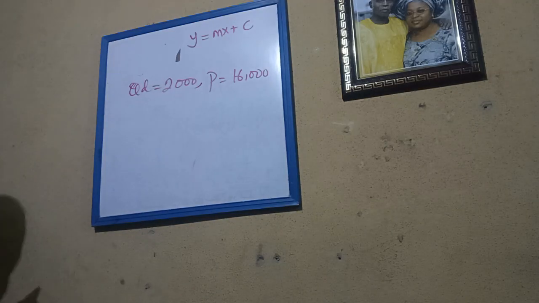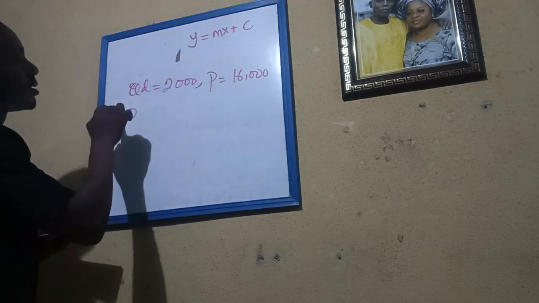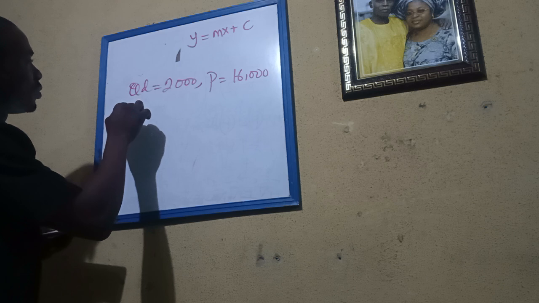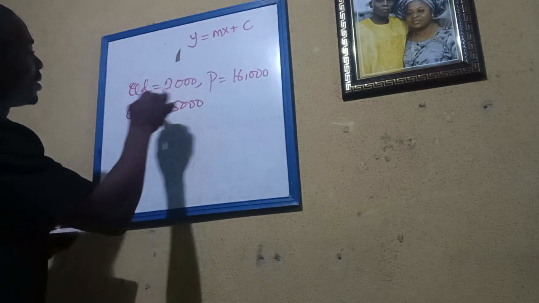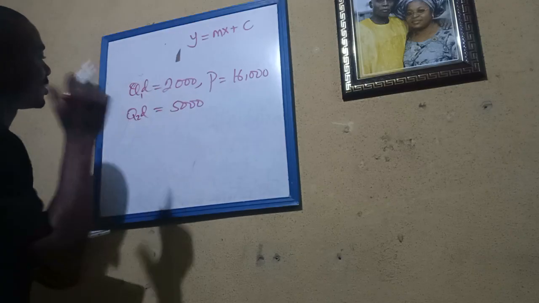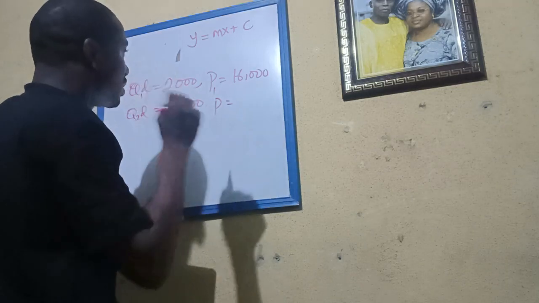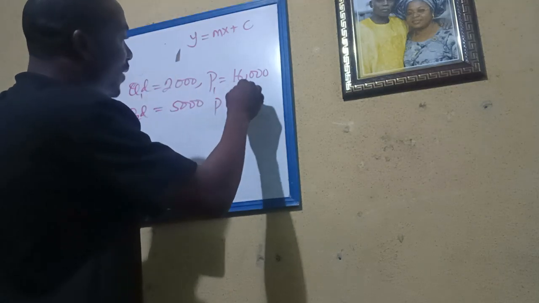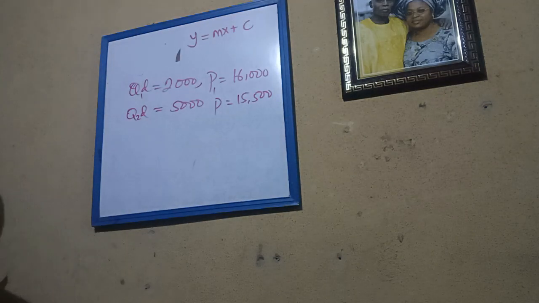And the second one said 5,000 bags are demanded when the price is 15,005. So let's call this quantity 1 and quantity 2, price 1 and price 2, which will be 15,500 per bag.